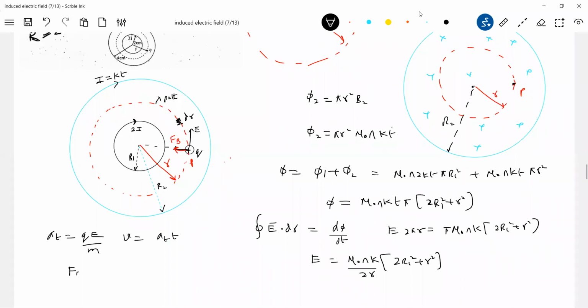Then this magnetic force will provide the required centripetal force. So this should be equal to qvB, or go back to the circular motion concept, mv square by r. What about the B there? You have to calculate B at that particular point. How to calculate B? Magnetic field due to the outside solenoid, and all that B has to be calculated now. So one v will get cancelled.